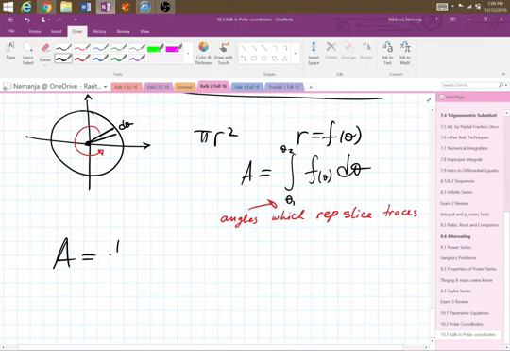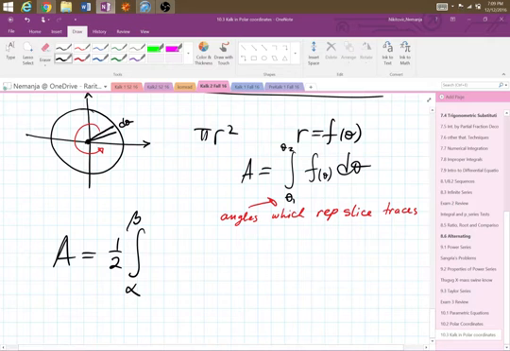A equals 1/2 integral from alpha to beta, the first two letters of the Greek alphabet, of your function squared d theta. First of all, I want to know if dimensionally this equation makes sense, and the answer is yes.